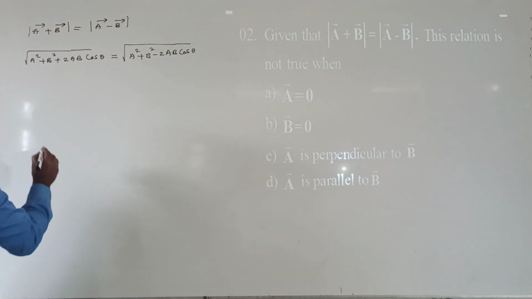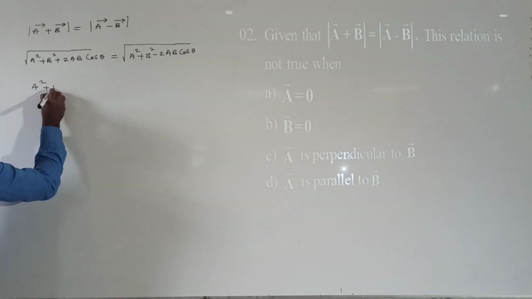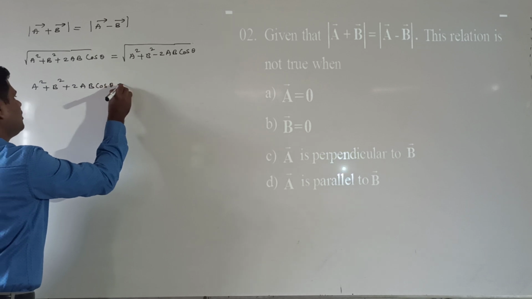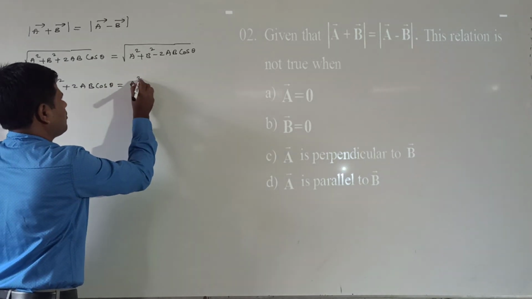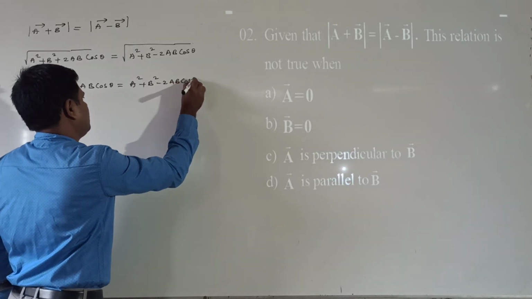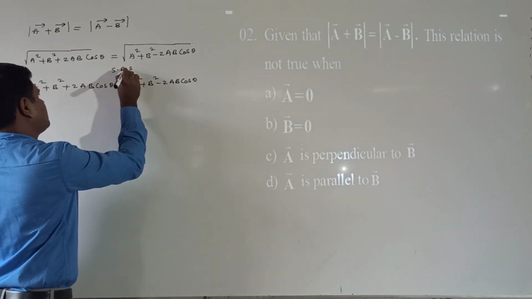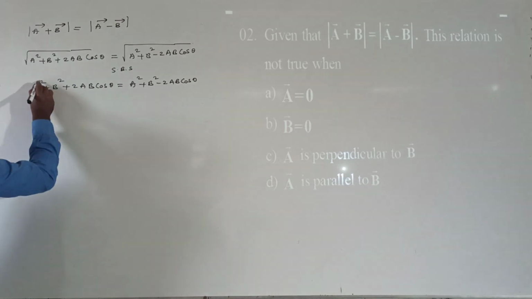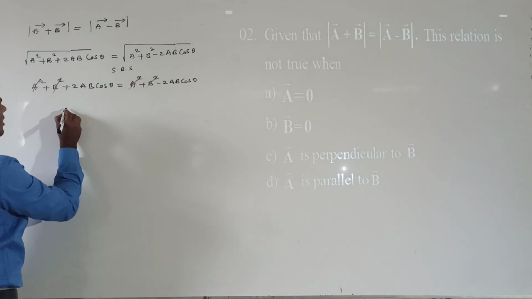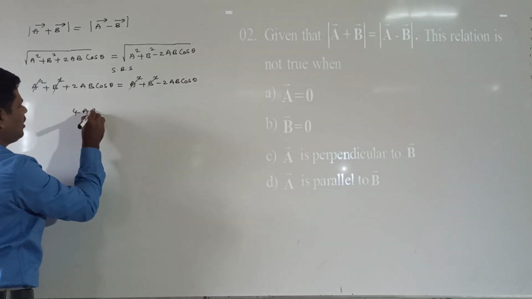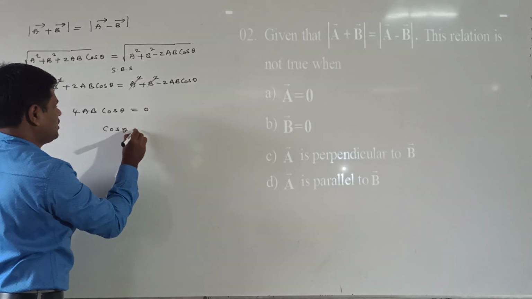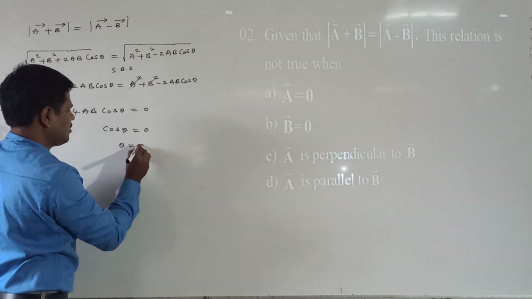Now squaring on both sides, a square plus b square plus 2ab cos theta is equal to a square plus b square minus 2ab cos theta. Now a square cancels and b square cancels. What will be the value here? 4ab cos theta is equal to 0. So cos theta is equal to 0, theta is equal to 90 degrees.